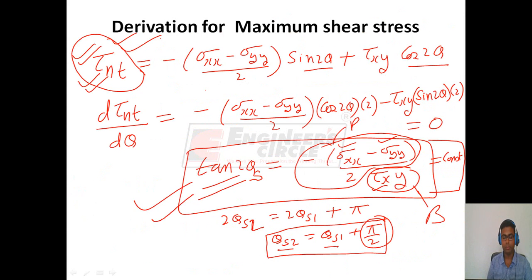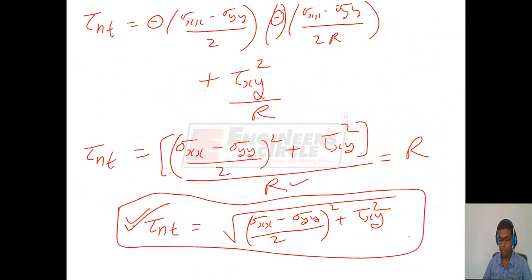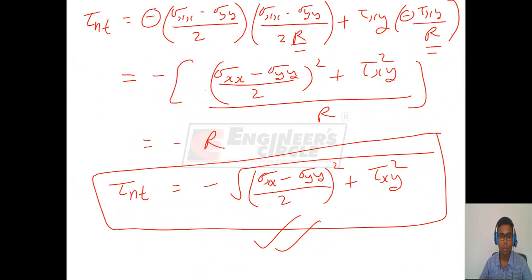We can see the maximum and the minimum values of shear stresses are equal in magnitude. Now we want to find what is the value of normal stress on maximum shear stress planes.